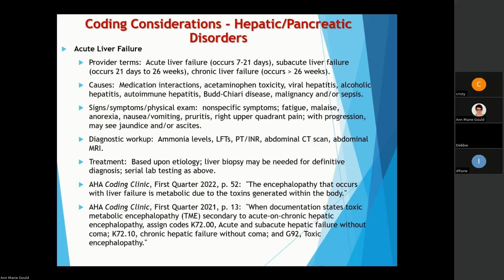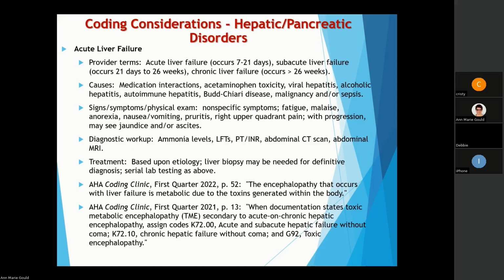They're confused, your AMS, so you could get an encephalopathy code. It may not be hepatic. It could be hepatic. Usually docs will write hepatic encephalopathy with acute liver failure or subacute liver failure. So you do have that captured, but it also could be a metabolic encephalopathy as well.